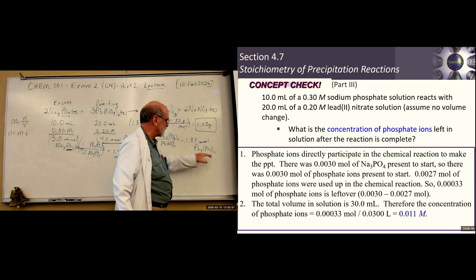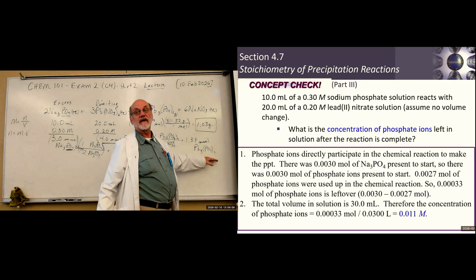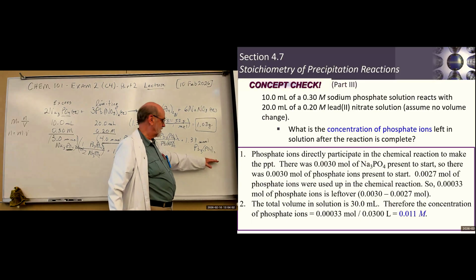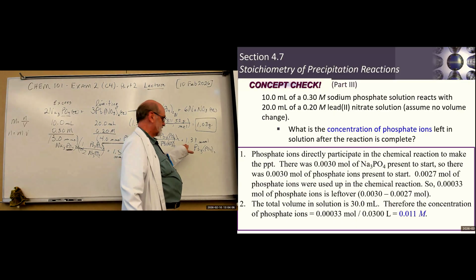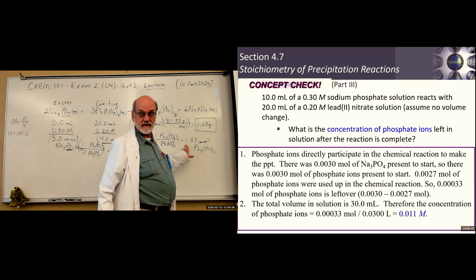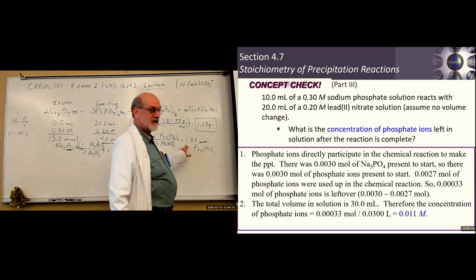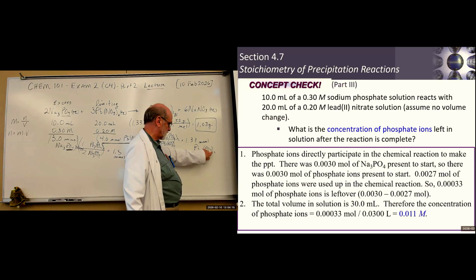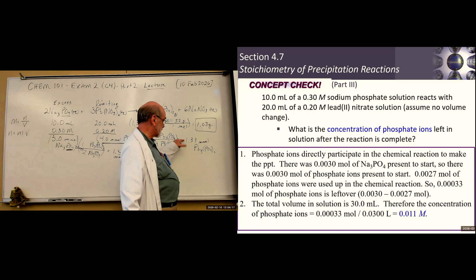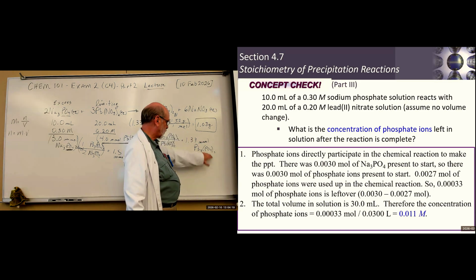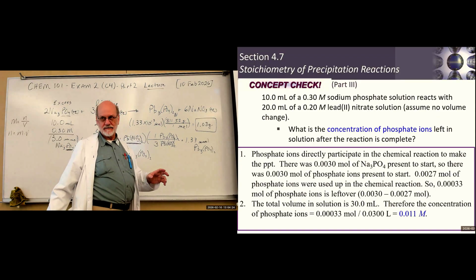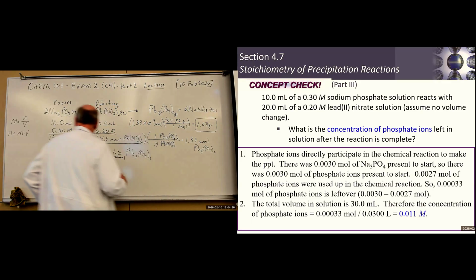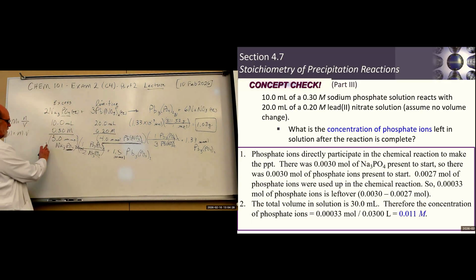So how many millimoles of phosphate are tied up in the solid? Right? 2 for 1. 2.66 millimoles are tied up in the solid because it's 2 to 1. This is 1. Twice that is phosphate. We're good? Okay.